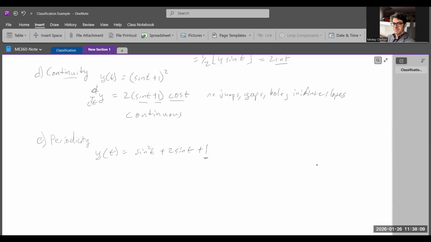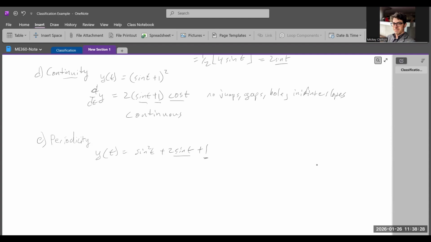This is constant. So yeah, it's the same for all values. That's got a period. Infinite, it's continuously the same. So any increment of t that we add, we get the same value there.